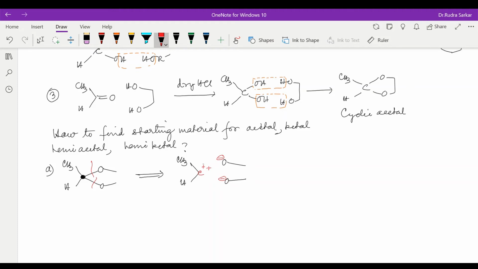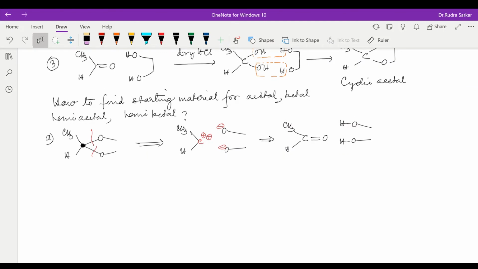Where you have put positive charge, just make a double bond O. Where you have put negative charge on oxygen, just to neutralize this, add an H. And that is how you get the starting compounds.